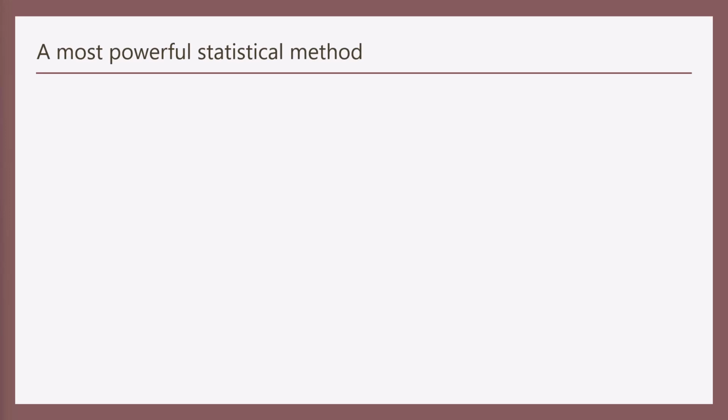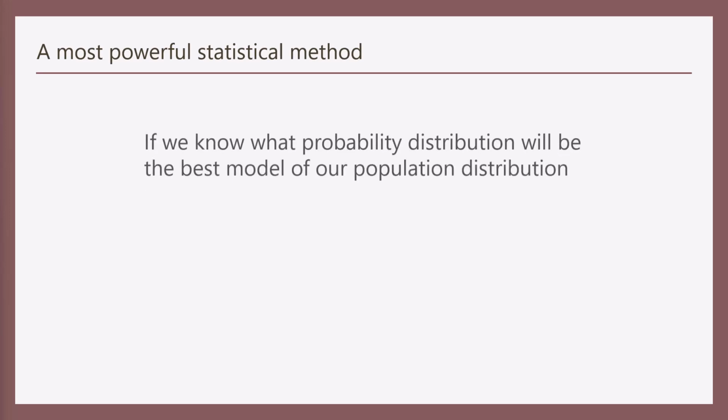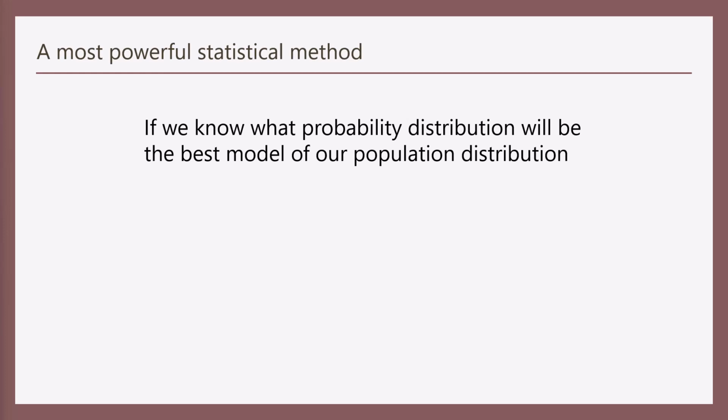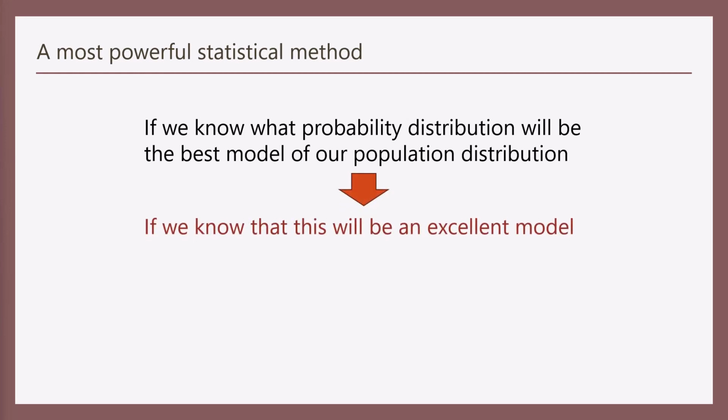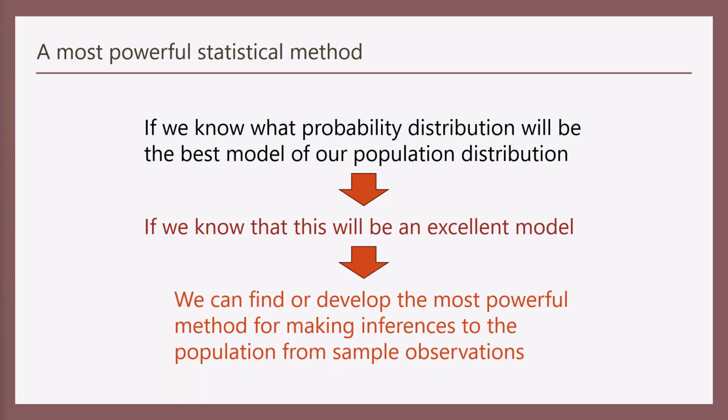If we know what probability distribution will be the best model of a population distribution, and if we know that this is going to be an excellent model, not only is it the best model, but it's a really good model of our population distribution, then we can find or develop the most powerful method possible for making inferences to the population from sample observations.